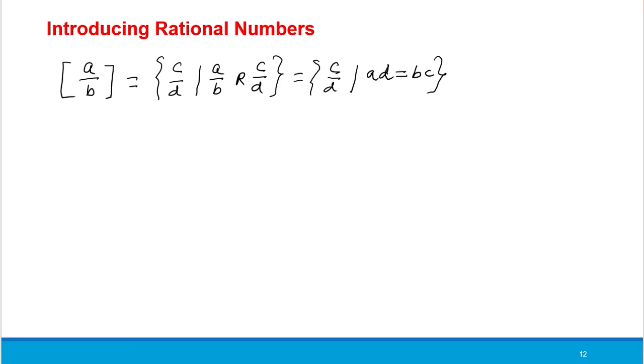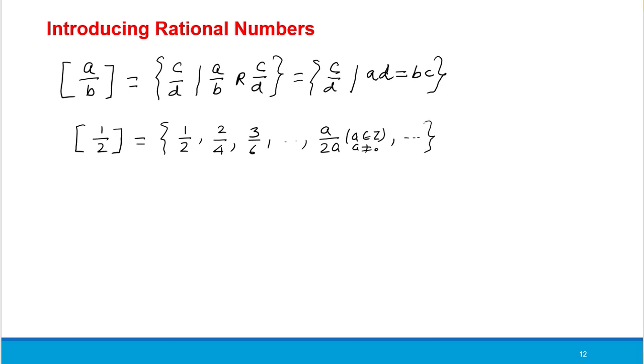Therefore in particular if I take half, then we can see that fractions of the type 1 upon 2, 2 upon 4, 3 upon 6, and in general a upon 2a, where a is in Z not equal to 0, they all are in this class.